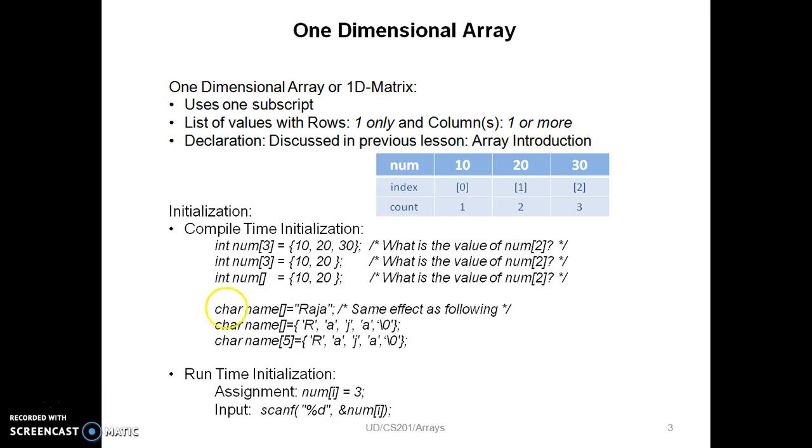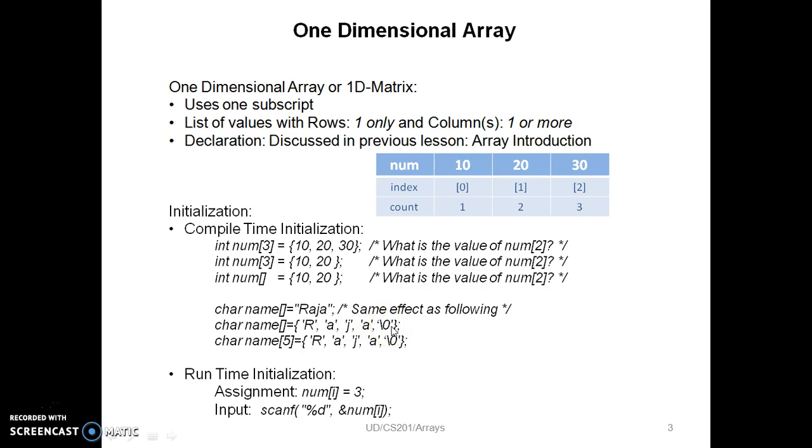But the following statement has exactly the same effect as the previous one. The only difference is now instead of using a double quoted character string, we are using single quoted characters. So in that way, this is going as a first element, second element, third element, fourth element, and fifth element.